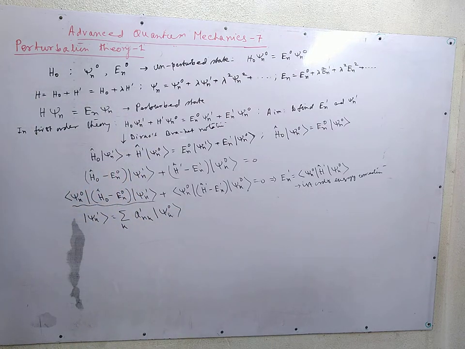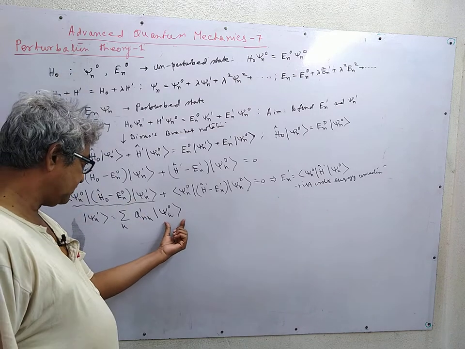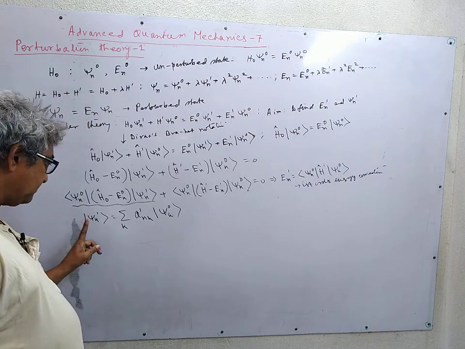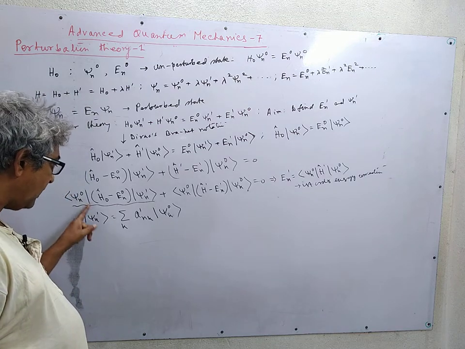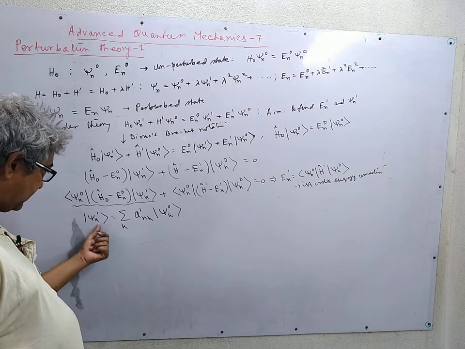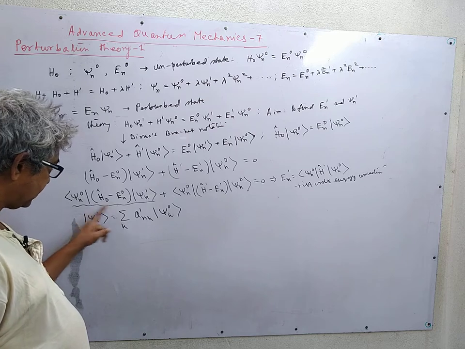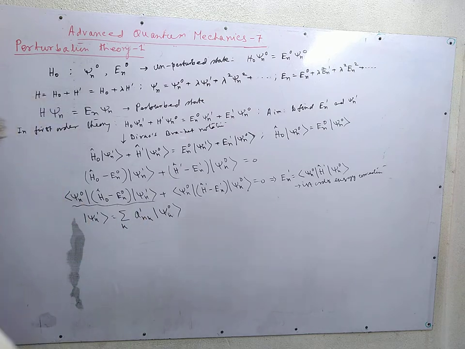All the eigenfunctions of the Hamiltonian H0 form a complete basis. So any other wave function can be written as a linear combination of the unperturbed wave functions. So this is the representation of the state psi n1. There is a signature of the state n, this is the summation index, and it is the first order correction, so 1 is over there.